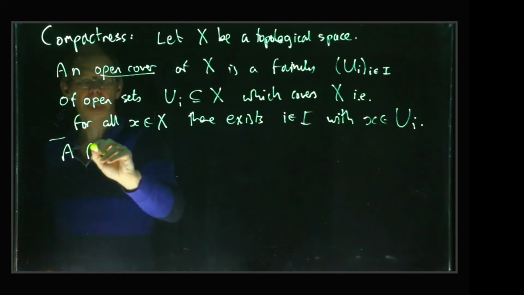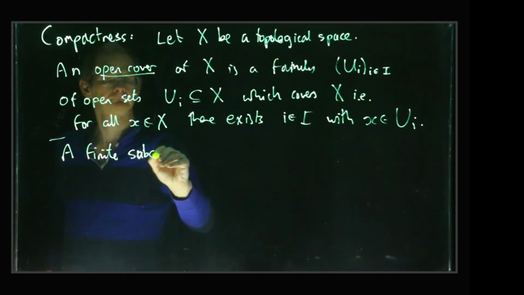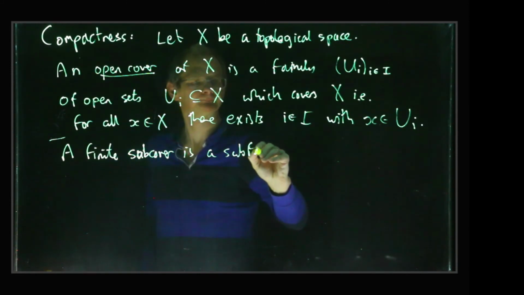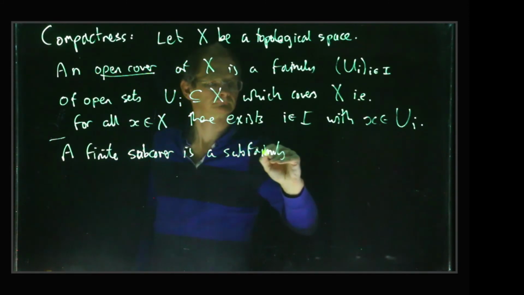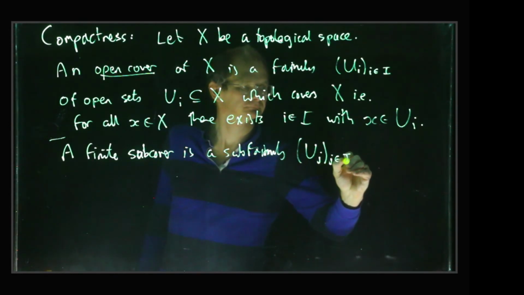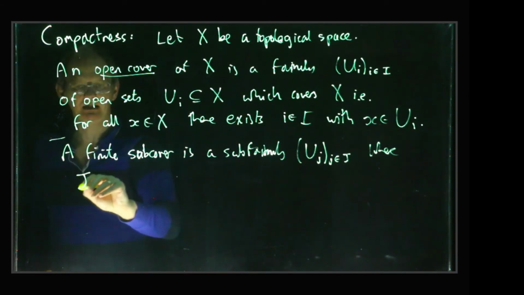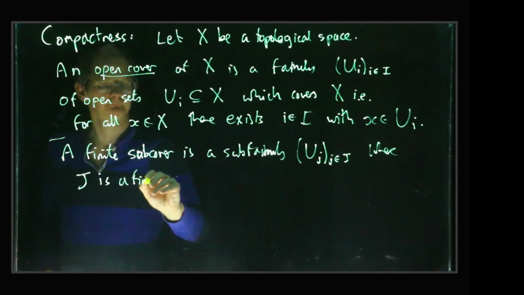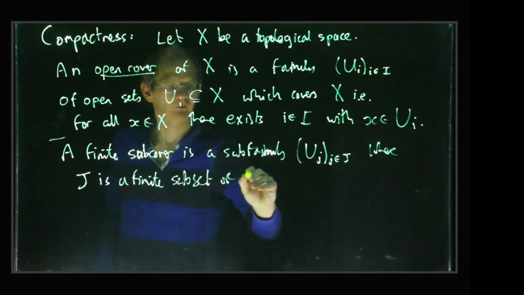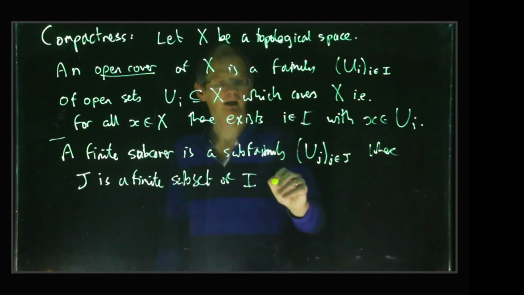And then a finite subcovering, so that means a subfamily, let's say U_j for j in J. So here J is a finite subset of I, so we're just using finitely many of the open sets that we had previously.